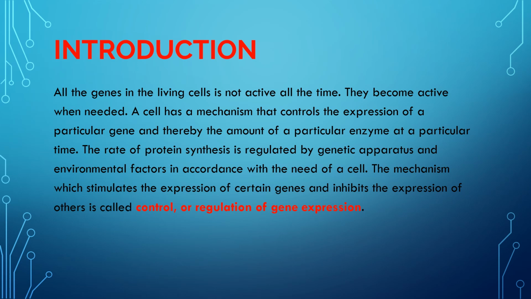The rate of protein synthesis is regulated by genetic apparatus and environmental factors in accordance with the need of a cell. The mechanism which stimulates the expression of certain genes and inhibits the expression of others is called control or regulation of gene expression.